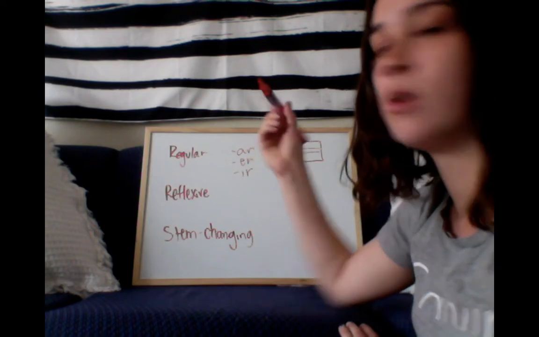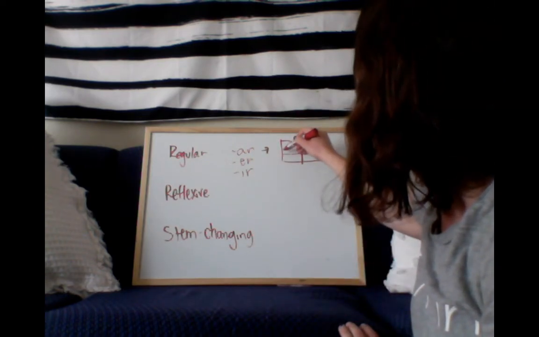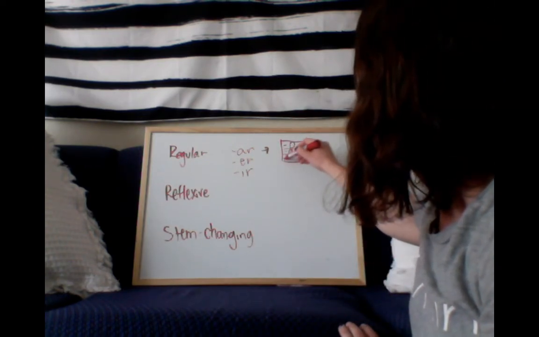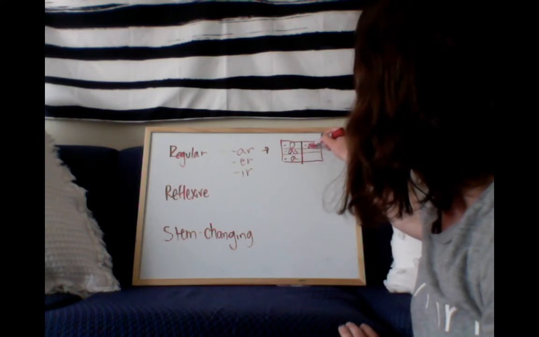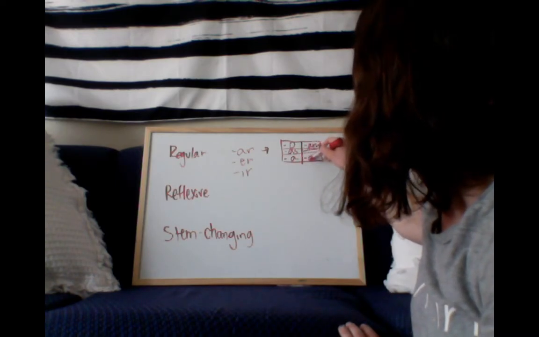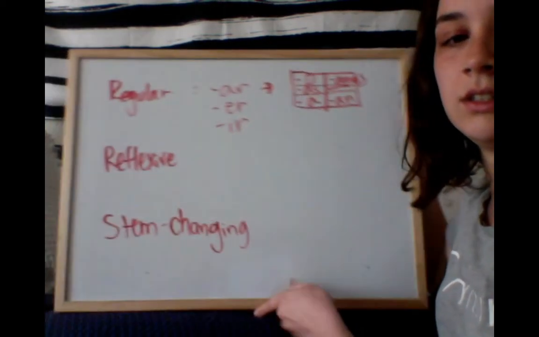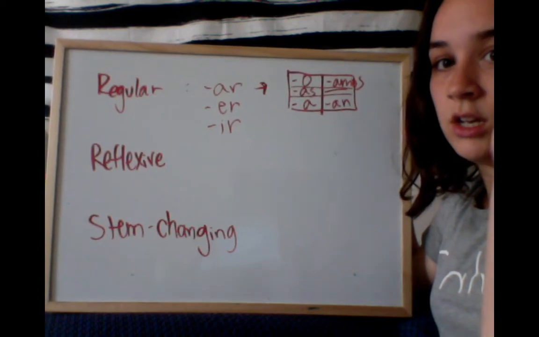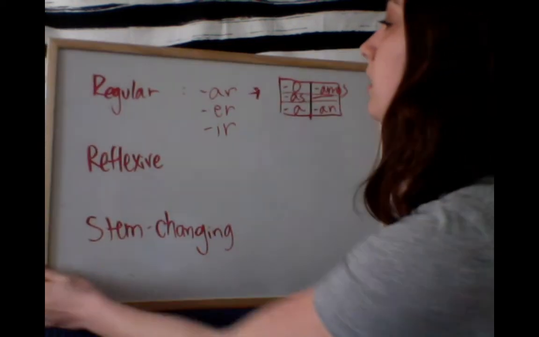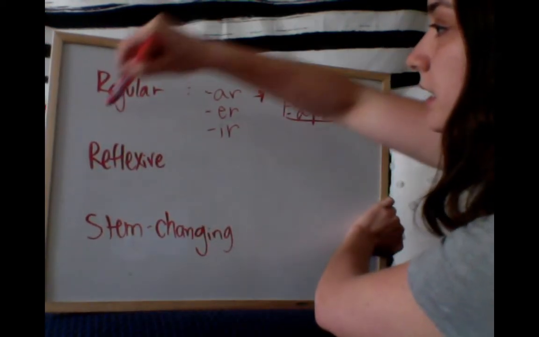The yo form for AR is always O, and then AS, A, AMOS, and AN. I don't know if you can see this very well. That we already know.